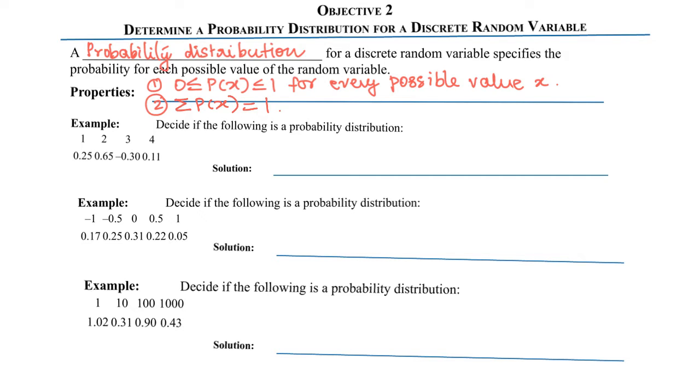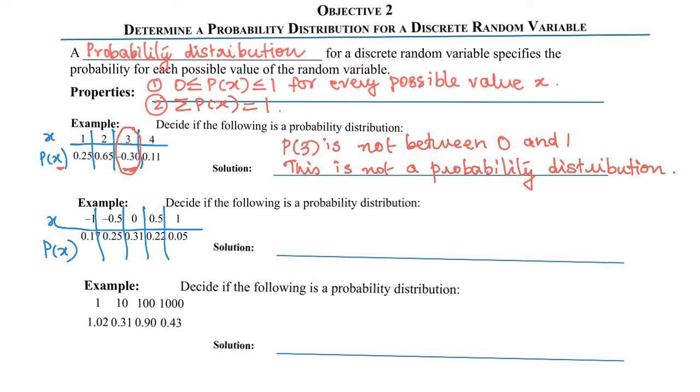Let's look at some examples to decide whether they are a probability distribution or not. In the first example, when x equals 3, P(3) is a negative number, right? So P(3) is not between 0 and 1. So this is not a probability distribution. In the second example, all these probabilities are between 0 and 1.